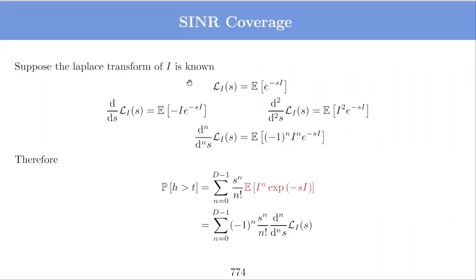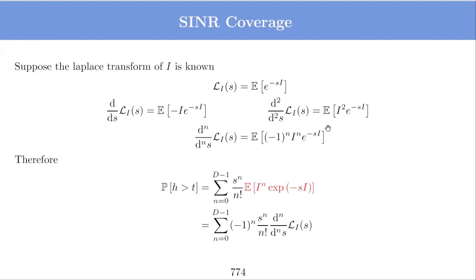So we notice a nice trick. We all know the Laplace transform is given in the following format. If I differentiate with respect to s on both sides, and you can take the differentiation inside the expectation, this will become e to the minus sI, and differentiating with respect to s you get minus I into e to the minus sI.